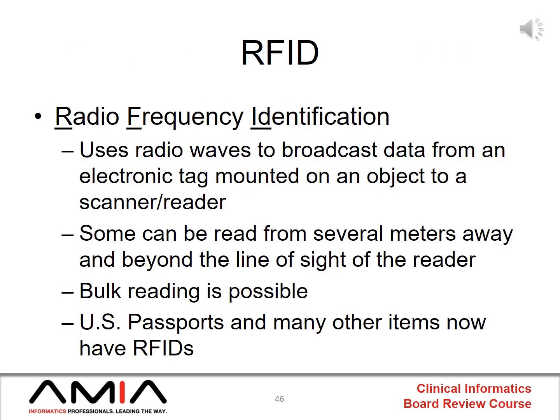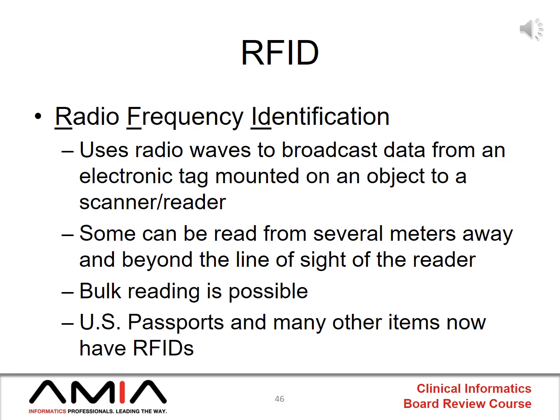Another machine-readable identification, which is frequently confused in function with barcode labeling, is radio frequency identification. In radio frequency identification, or RFID, radio waves broadcast data from an electronic tag that's mounted on an object to a scanner or a reader.